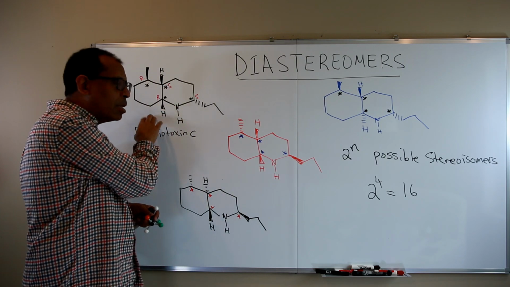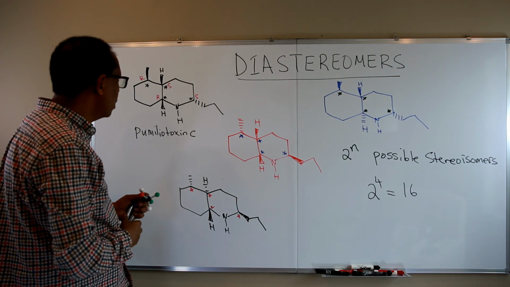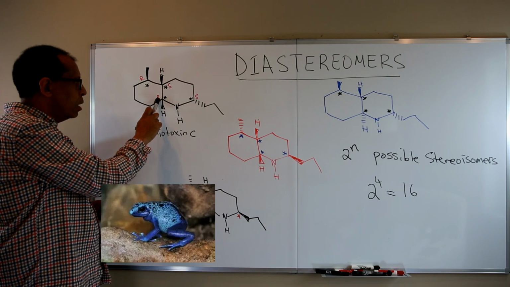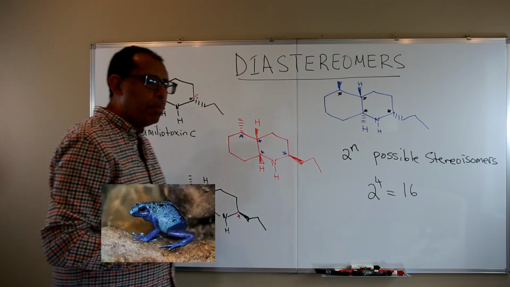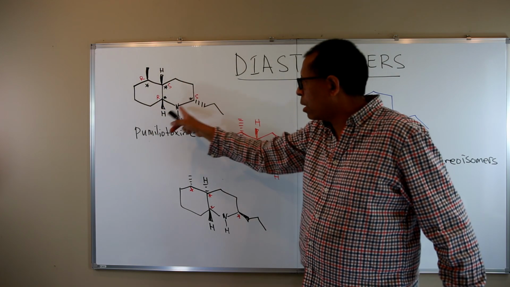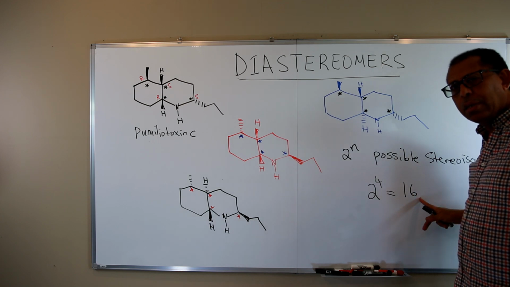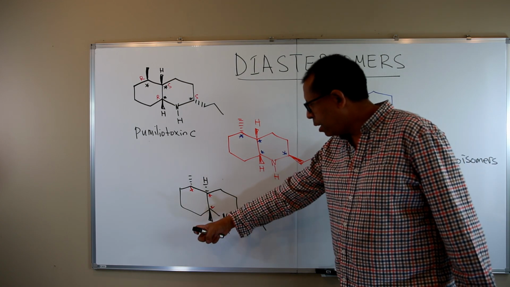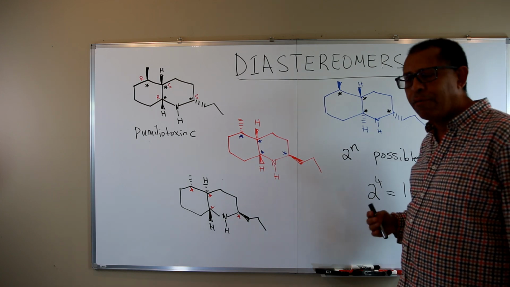Each of these is a chiral center, so there are 4 chiral centers for Pimeotoxin C. Based on these 4 chiral centers, you could write possibly 16 diastereomeric combinations. For example, I have drawn 3 possibilities here, but you could go up to 16 of them.